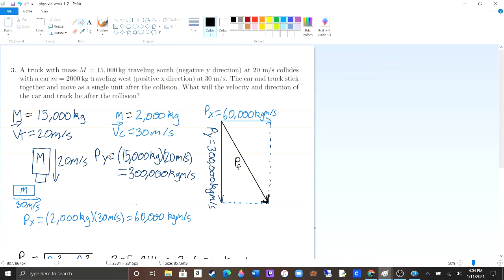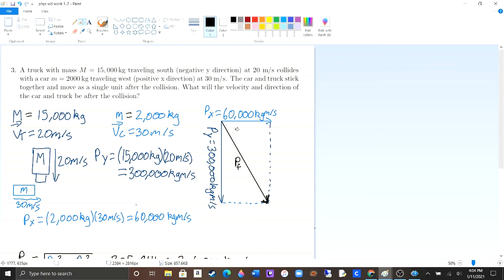Our momentum in the y direction is 300,000 kilograms times meters per second, and our momentum in the x direction is 60,000 kilograms times meters per second. So this is our final vector, which is going to show us the final momentum, not the velocity, only the momentum of the two.